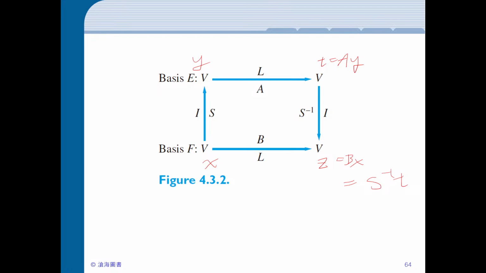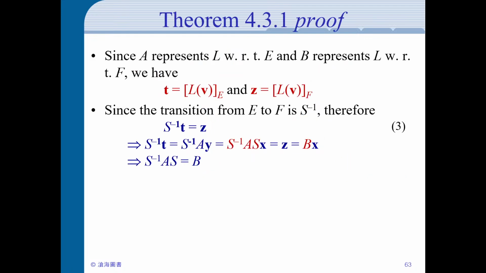Y equals S of X, and also T equals S of Z, so you can get back Z equal to S minus 1 of T. Finally we have everything together, so S minus 1 of T equals Z.